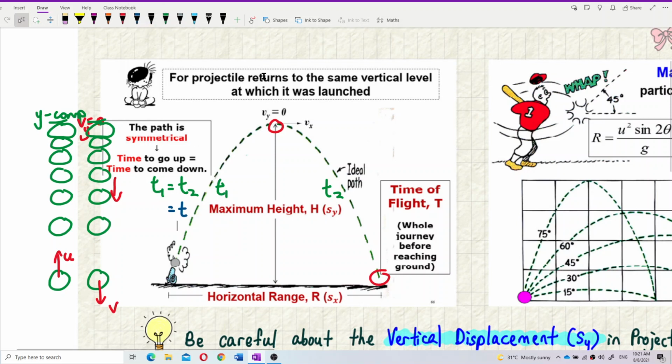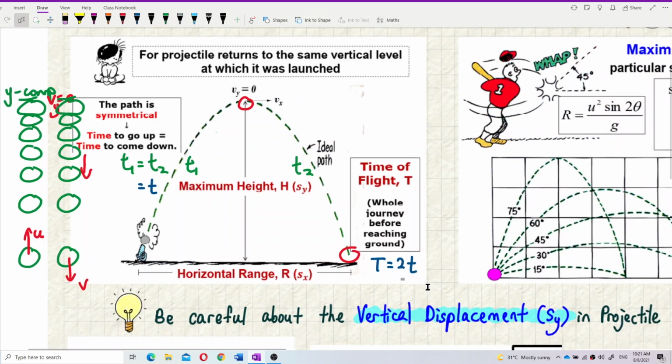We can write the time of flight as twice the t. You understand? Twice the t, or we can say it is T1 plus T2, because the time going up is the same as the time going down. So the whole time of flight is 2t or T1 plus T2.